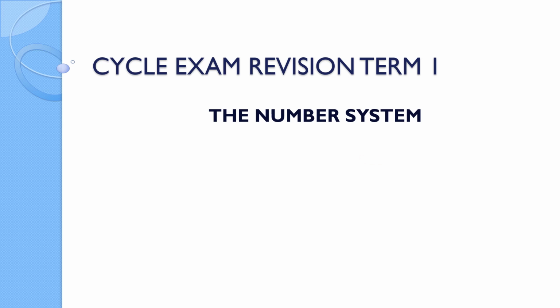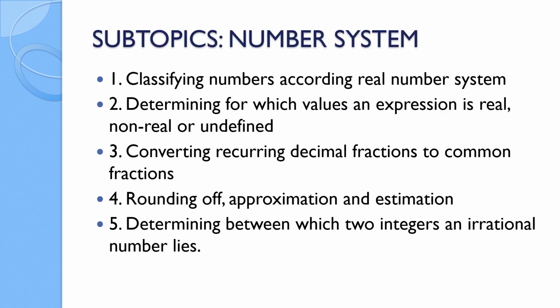This lesson, we're looking at your cycle exam questions with the 5 to 10 marks that we can ask on number systems. Now, subtopics. We have number systems. So number one, we can ask if you can classify numbers according to the real number system.